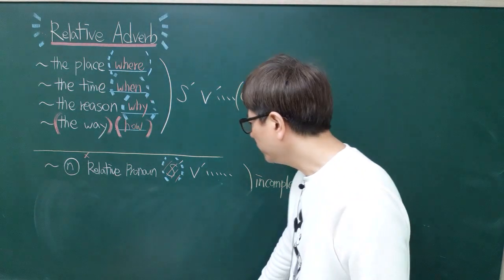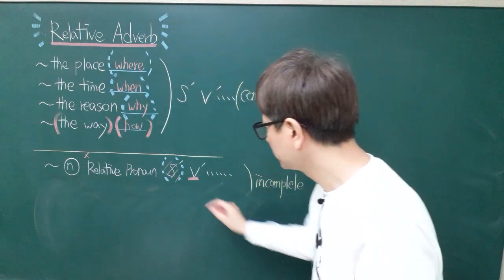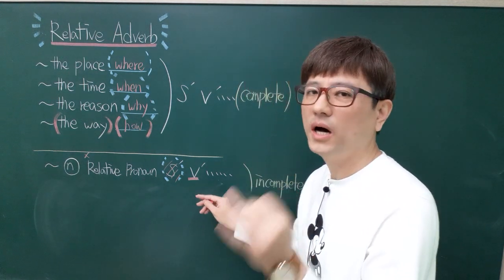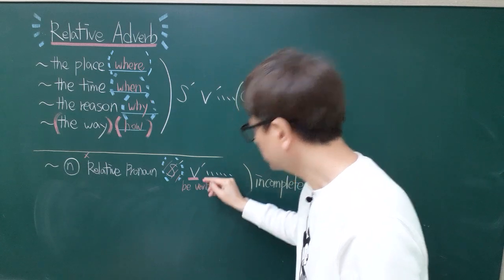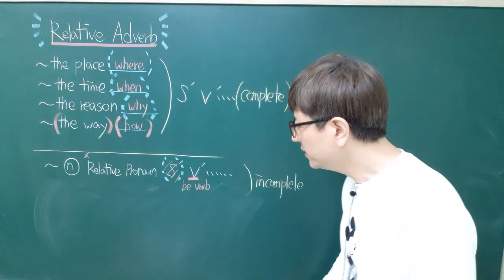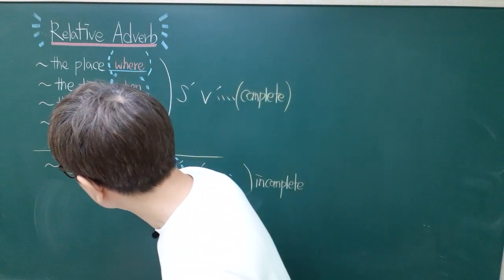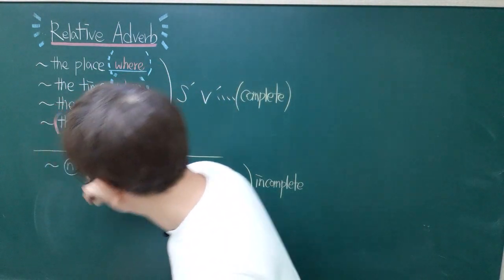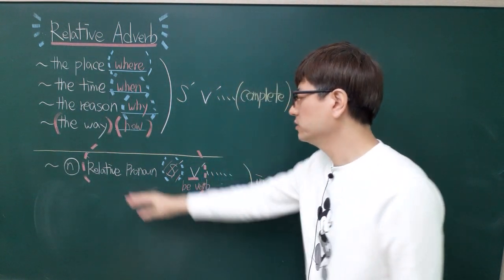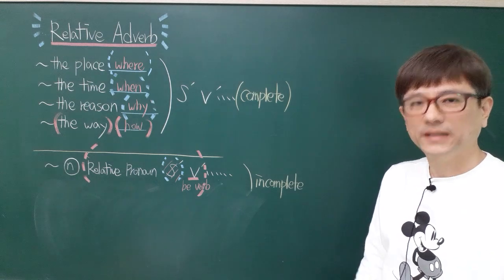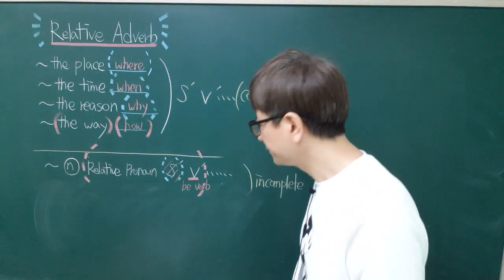But when you have a be verb, such as is, was, are, were, then we can omit the relative pronoun including the be verb like this. So I'll give you just one example. Look at this.